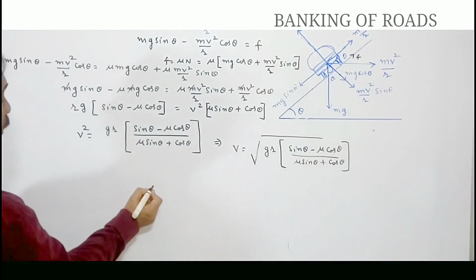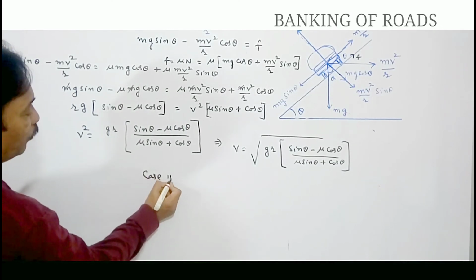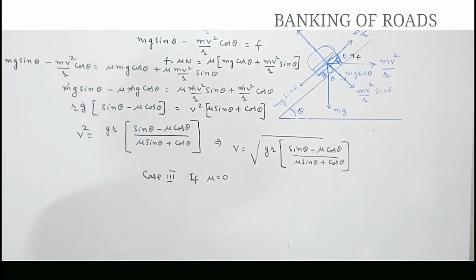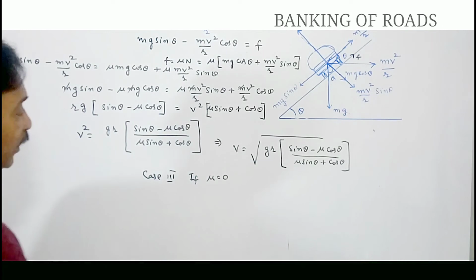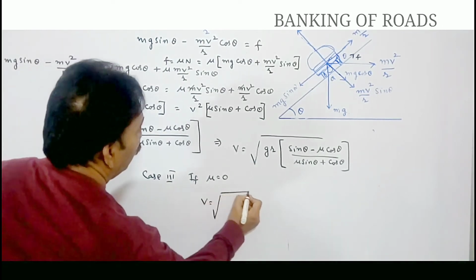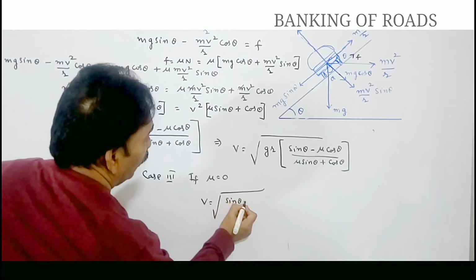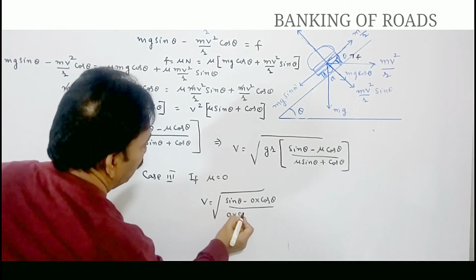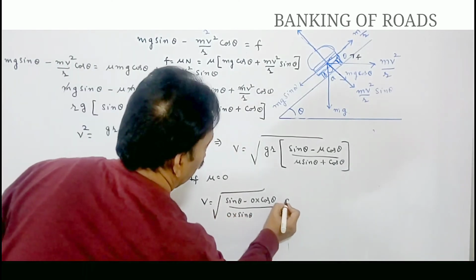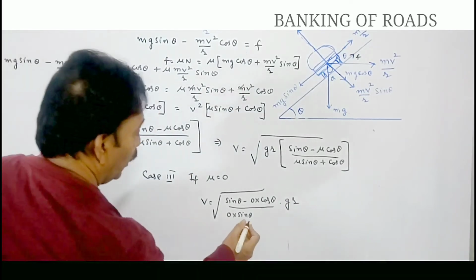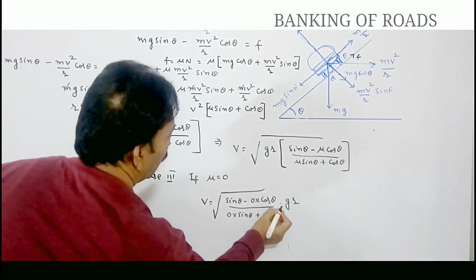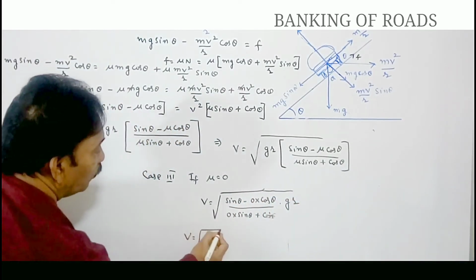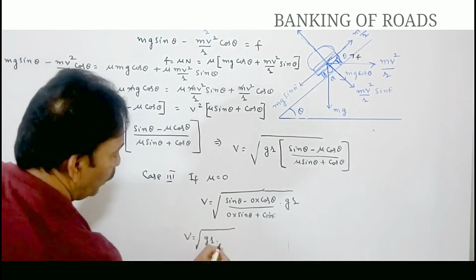Let's take one more case. If the frictional force between the tires is equal to 0, then what do we get? V is equal to under root of gr of sin theta minus 0 into cos theta by 0 into sin theta plus cos theta. Okay students, and we get V is equal to under root of gr into tan theta.